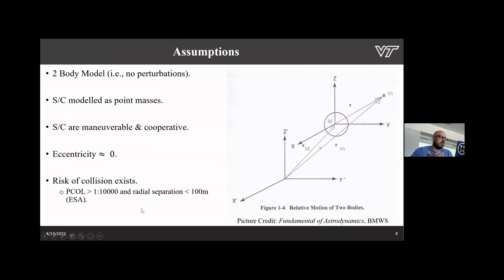I assume a risk of collision exists. The ESA standard at the bottom assumes a collision risk exists if the probability of collision exceeds 1 in 10,000, or if the radial separation between one of their assets and another asset is less than 100 meters.